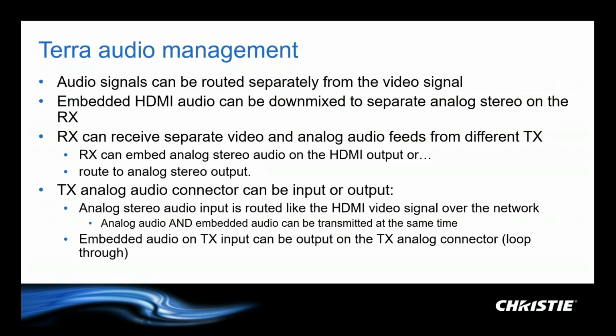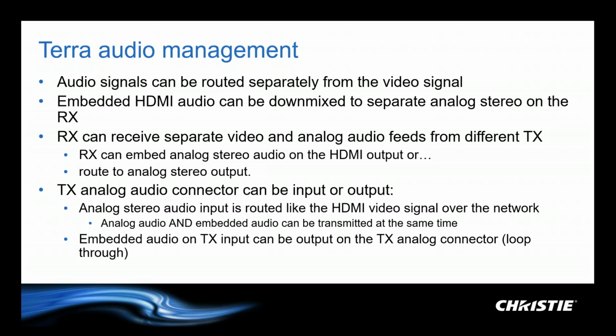When it's used as an input, an analog stereo input is routed just like the HDMI video signal over the network. So the analog audio and the embedded audio can be transmitted at the same time. You can have an analog audio source and a different audio source embedded on the HDMI input, and they can be transmitted at the same time, obviously routed to different destinations.